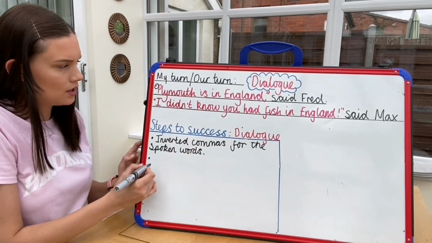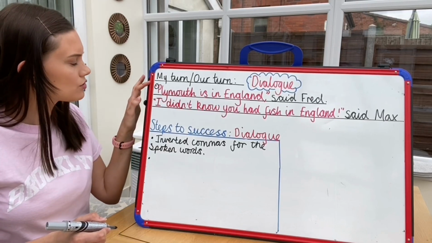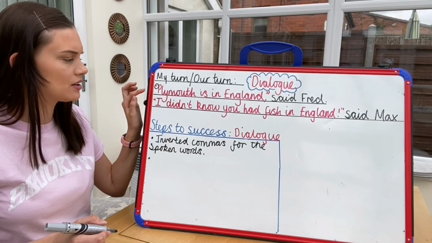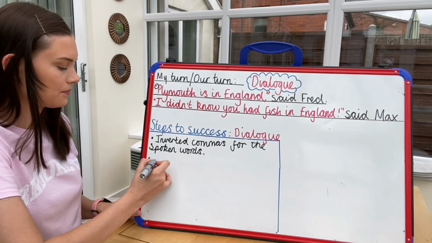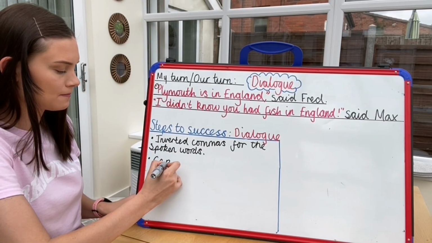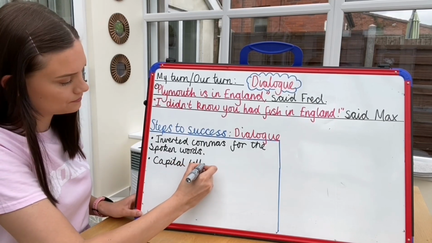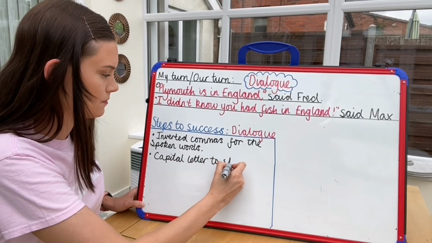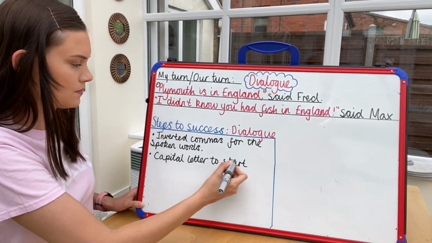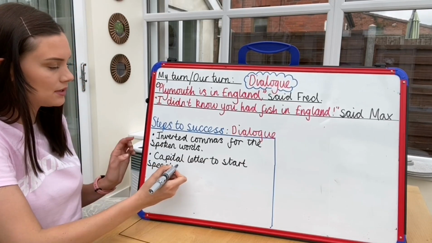Okay, keep looking. What else is our next step to success? What comes after the inverted commas on both of these lines? Capital letter, well done. So capital letter to start speech. So it's a capital letter to start speech.